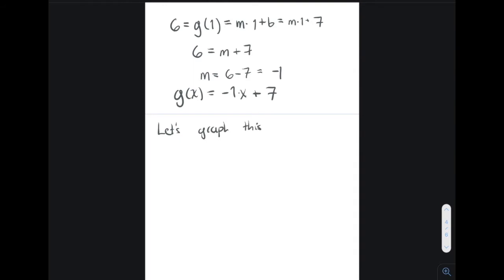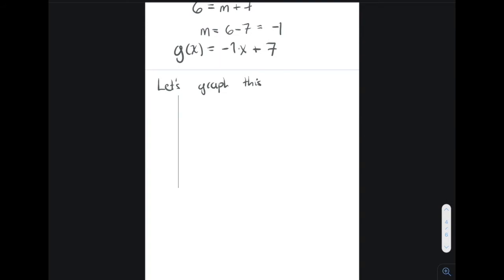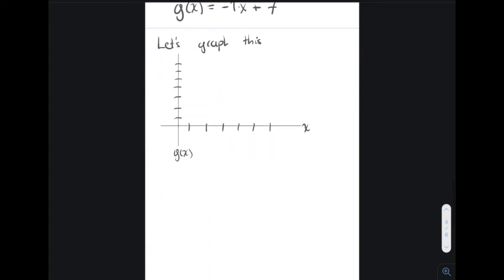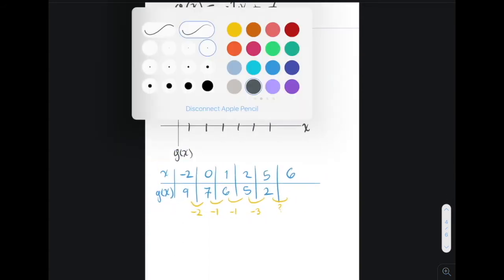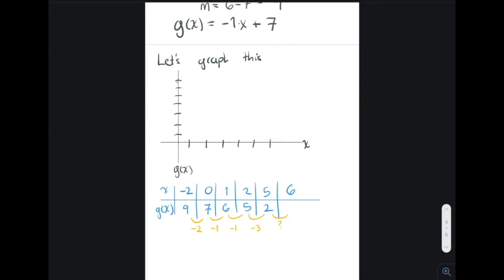And we can graph this. We can label our axes x and y. I might call it g of x, but I'm going to change that later because I want to label the graph itself. We can graph some points. We have the point 0, 7. We have the point 1, 6. We have the point 2, 5.